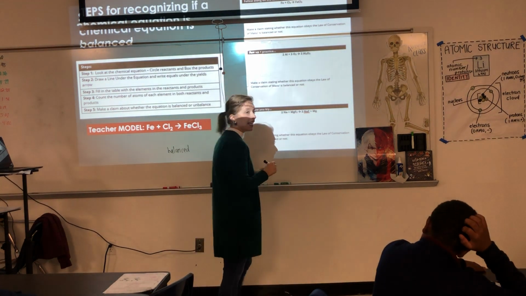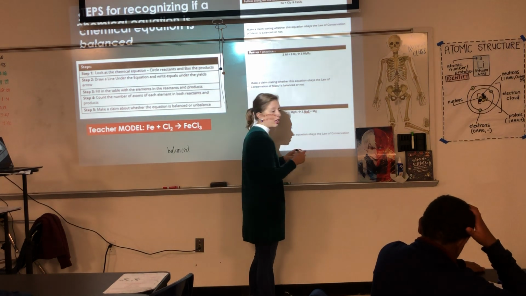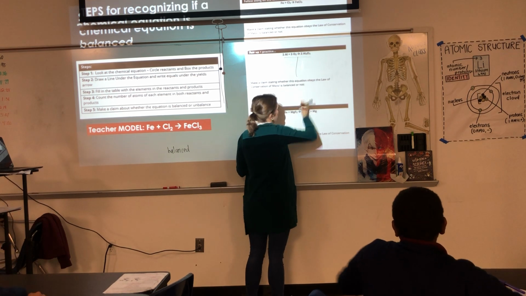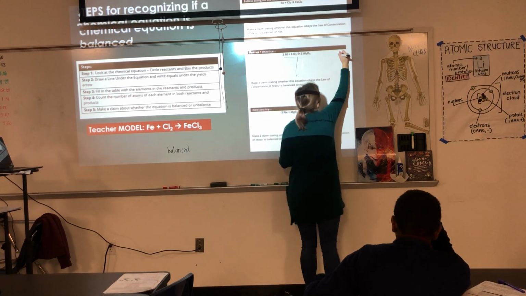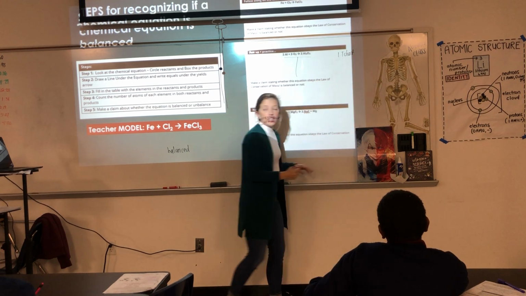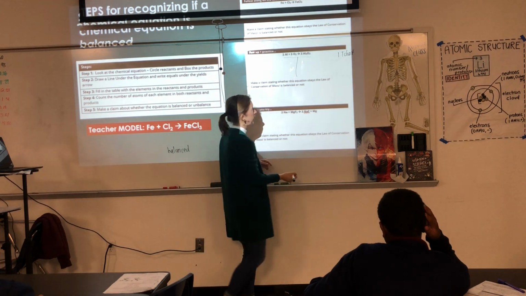The first thing that I do when I set up one of these problems is I'm going to create a T-chart that represents my reactants and my product side. So I'm going to make a T like this. So that's step 1. My step 2 is to list out every element that I see on the products and on the reactant side.